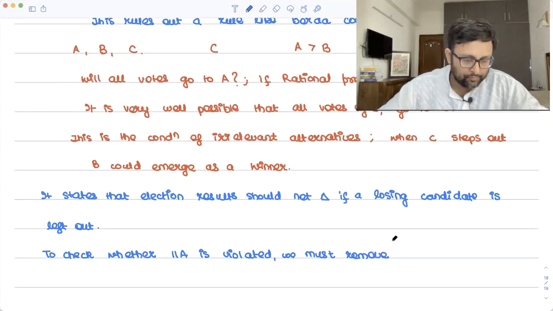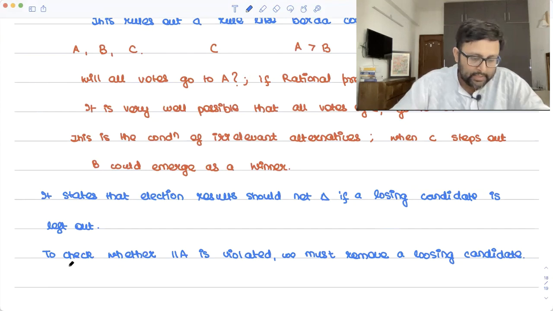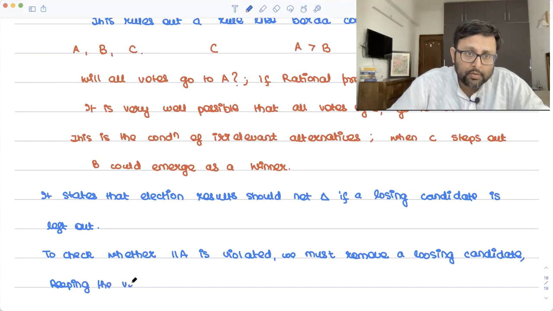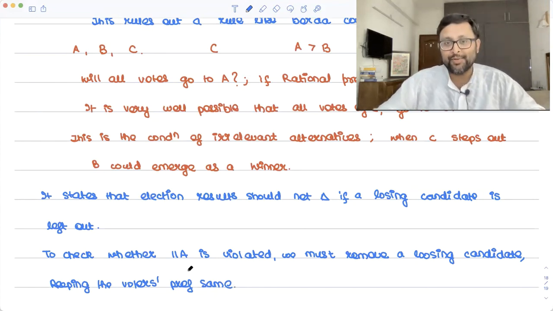We must remove a losing candidate, keeping the voters' preferences same, right?